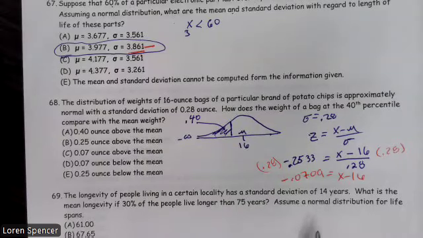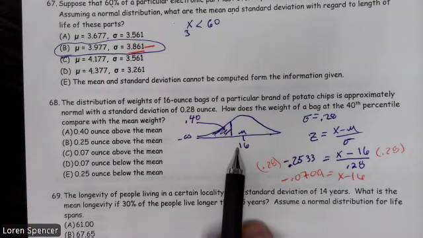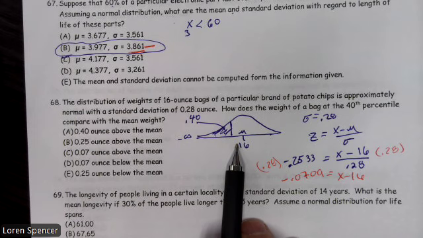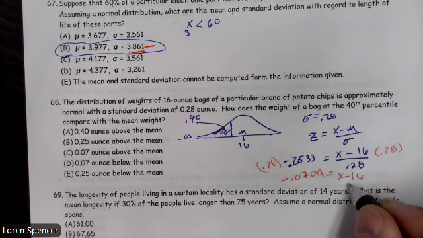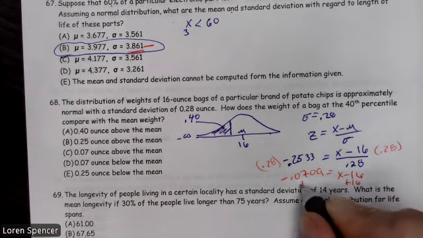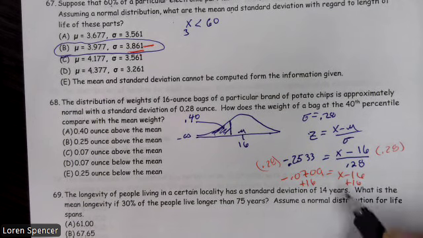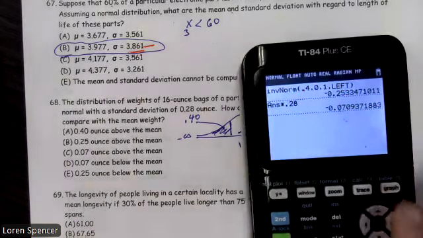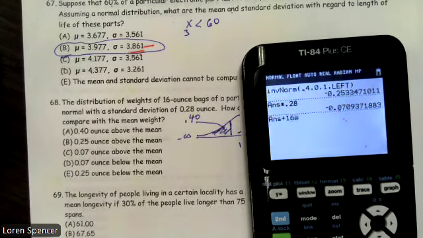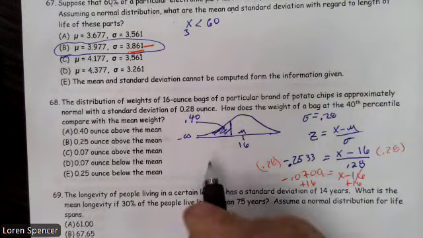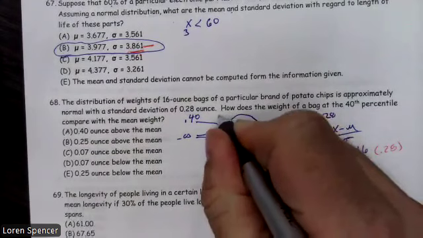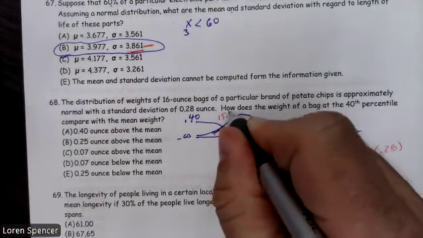All right. So first off, I'm below the mean. All right. And if I actually add 16 to both sides, this goes away. And we find out that we're at 15.93.